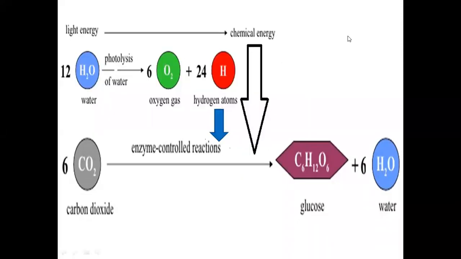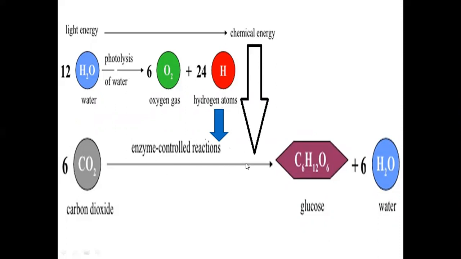photosynthesis. Now if we combine this, what we have seen is that light energy is absorbed by chlorophyll, and it is later on changed into chemical energy. At the same time, light energy is used to break the water molecule into oxygen gas and hydrogen atoms. This chemical energy so formed is used for reduction of carbon dioxide to glucose. This step is not a single step.